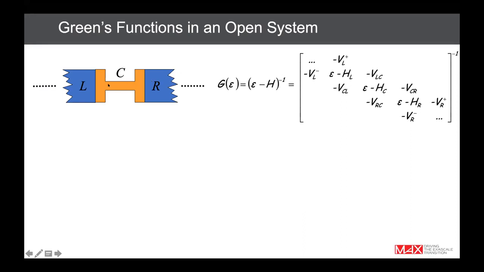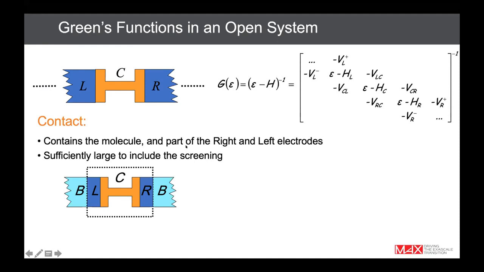You have the coupling, the energies here in the central region and the couplings with the right and left region. But then in the right and left region, you have semi-infinite matrices here and here. So that's something that you cannot compute in practice, but there is a very, very nice trick, which is to set everything up only in a region around the center, the contact, the nanoscale constriction.